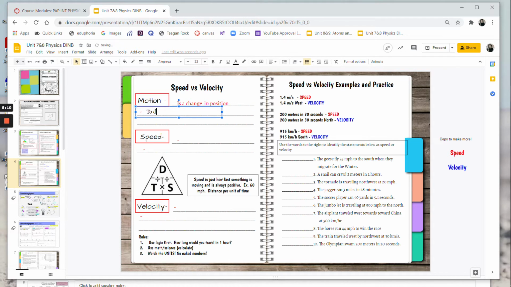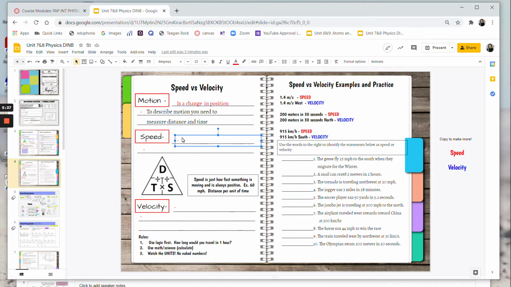To describe it, you need to measure distance and time. Okay, distance would be something like kilometers, meters, miles, all of those are distances. A measurement of time would be something like hours or minutes. We usually use hours though.